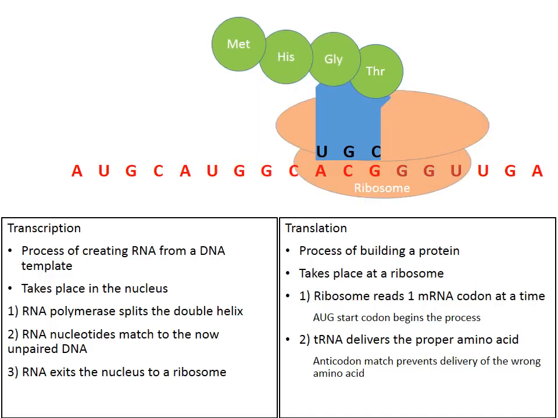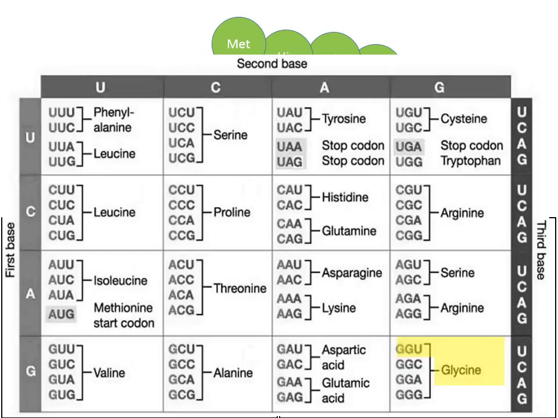The ribosome moves down a notch. I hope you're getting the hang of this. The ribosome is now exposing the codon GGU. Transfer RNA will deliver the proper amino acid. So how do we know what the proper amino acid is? We look on the chart. We find GGU on the chart. Hey, that's the amino acid for glycine.